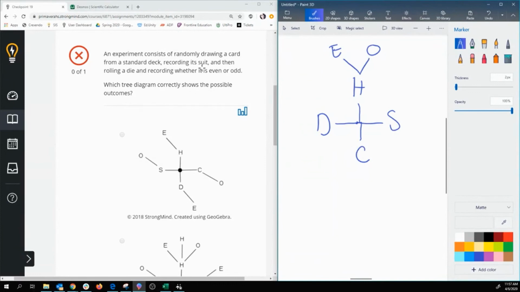Even or odd, right? So I would have 2 branches again. What about if I were to draw a club first, this very bottom one here? What would be the branches that come off of my club? The same, even or odd. And then same thing with diamond. So every single branch in the center should have the same branches outside.